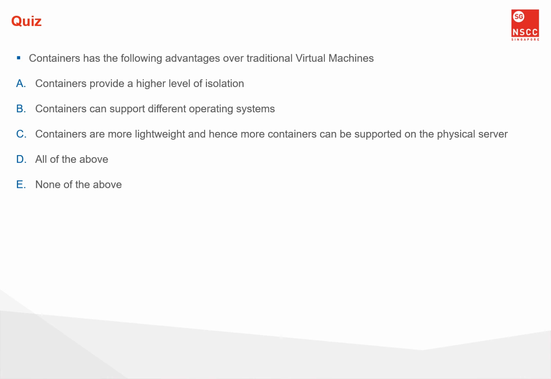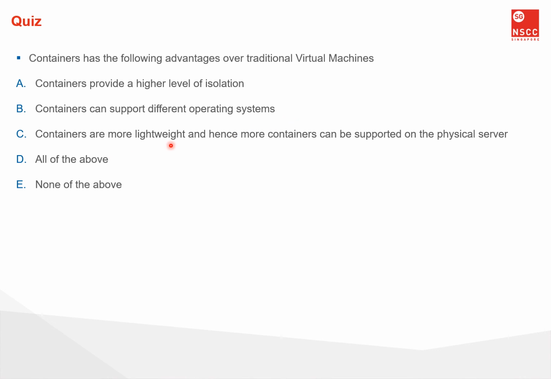Okay, so here's a quick quiz for you before moving on to the other parts of the videos. Containers have the following advantages over traditional virtual machines. There may be a number of answers here. A, containers provide a higher level of isolation. B, containers can contain different operating systems.